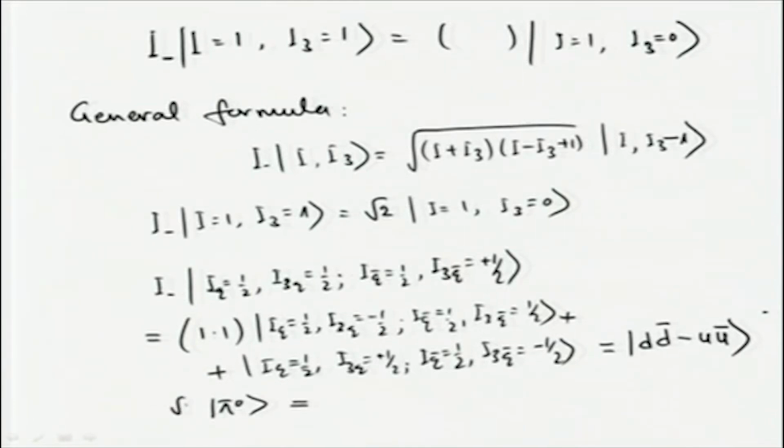So, root 2 pi 0 is equal to d d bar minus u u bar, or pi 0 is 1 over root 2 times d d bar minus u u bar. We will look at one more example and then further discuss the quark contents of mesons, different other mesons, and also that of the baryons in the next discussion.